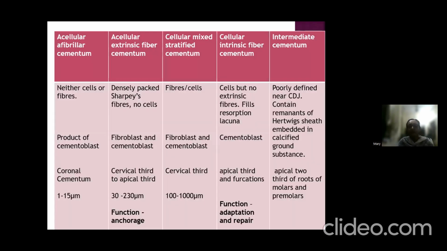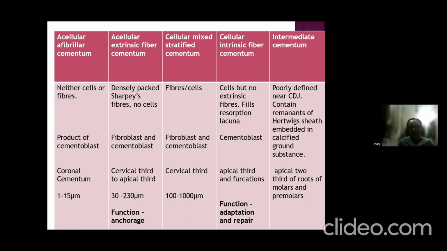Going into the details of the 5 types of cementum, acellular afibrillar cementum, as the name suggests, contains neither cells nor fibers, and it is produced by the cementoblast. It is a coronal cementum, about 1 to 15 micrometers in thickness.